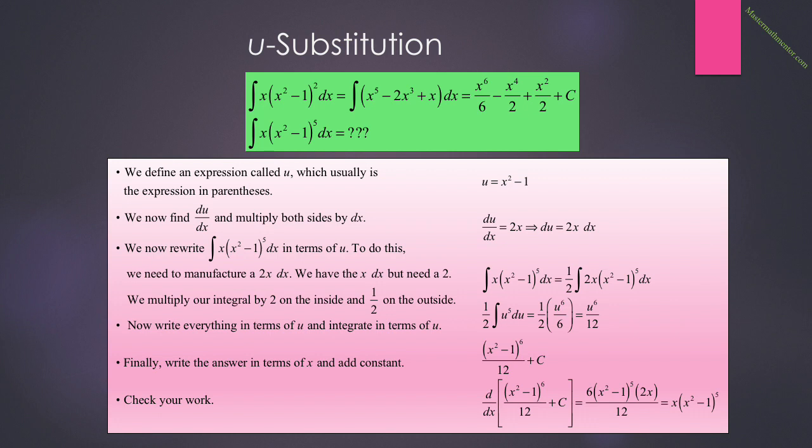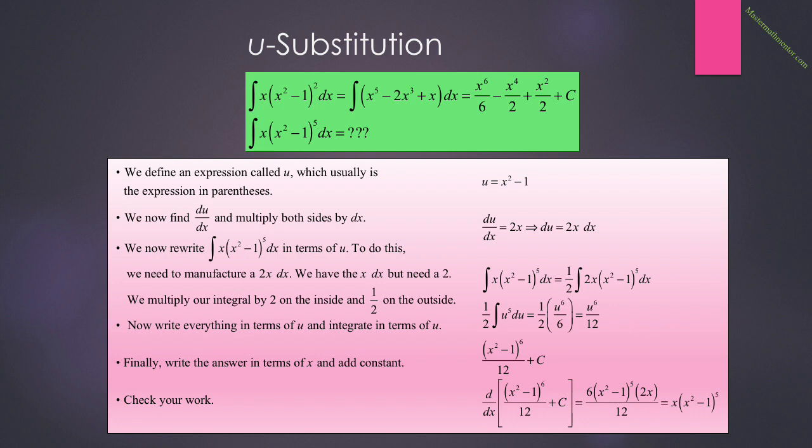So we're going to multiply our integral by 2 on the inside and 1/2 on the outside, which we know is the same thing as multiplying by 1. So the integral of x quantity x squared minus 1 to the fifth dx is now 1/2 the integral of 2x times x squared minus 1 to the fifth dx.